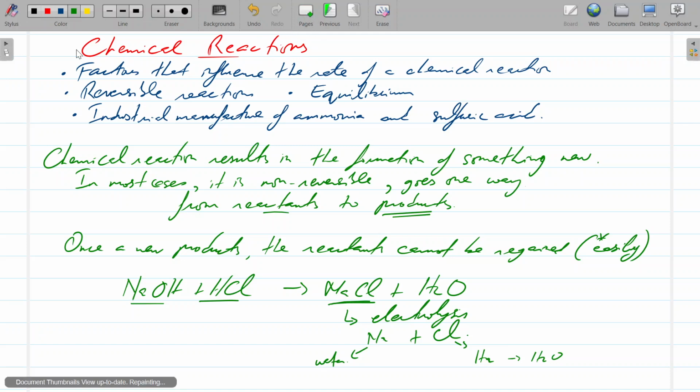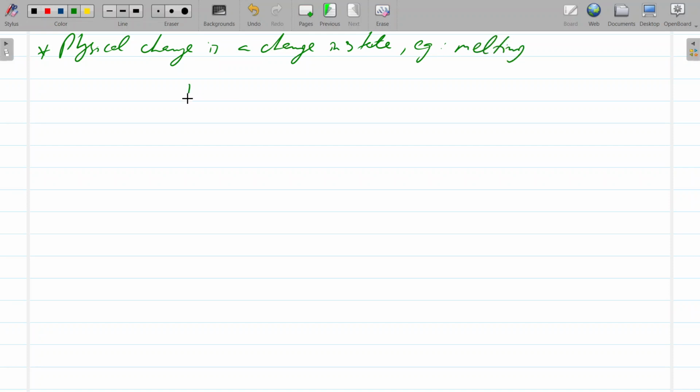So this is different from a physical change. A physical change is a change in state, such as melting. So you've got ice that melts to form water, which is a liquid.